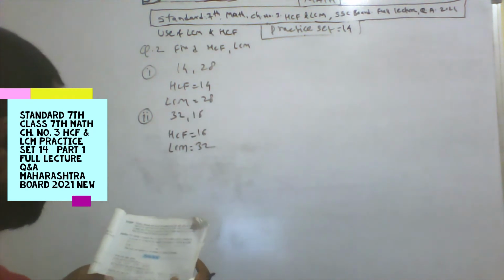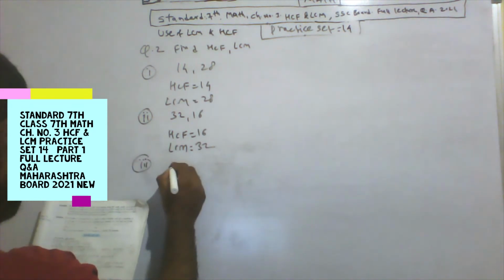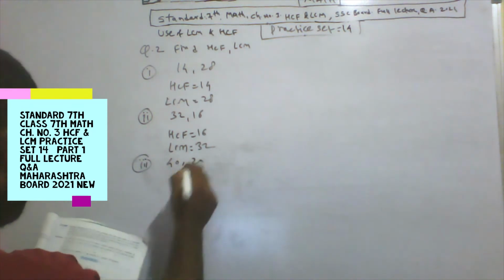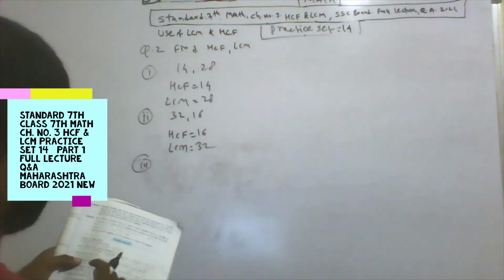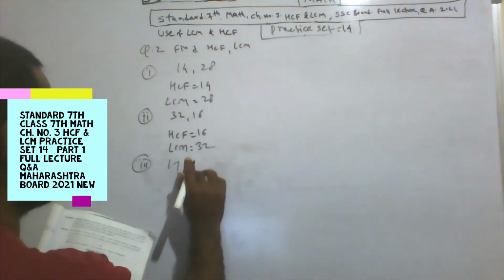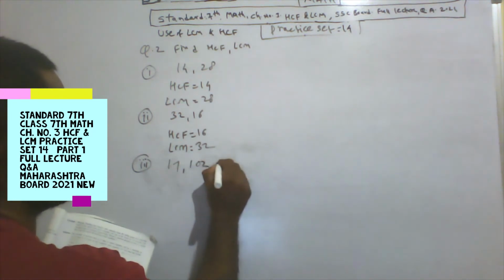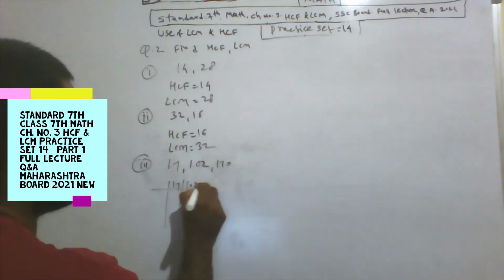Then the third is 17, 102 and 170. Find the HCF of 17, 102, 170.